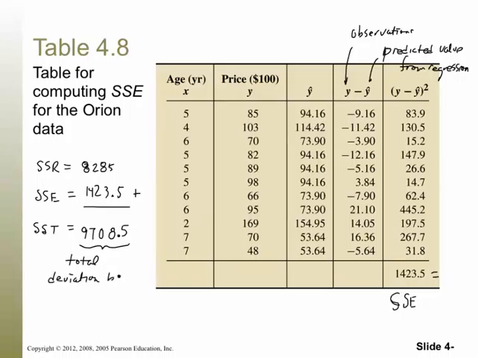Right. And we want to ask what fraction of that total is just due to the regression? Right? That's our SSR over SST. So it's going to be 82.85 over 9708.5. Tell me what you get.